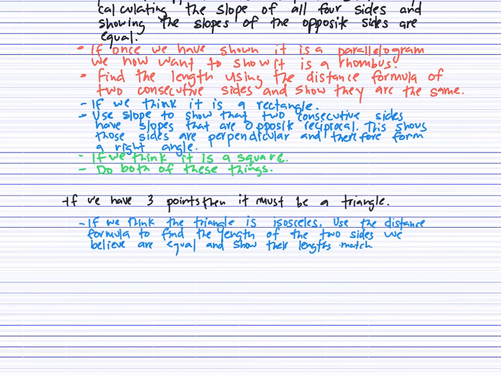If we do the distance formula on those two sides and show those lengths match, then we know it must be isosceles.